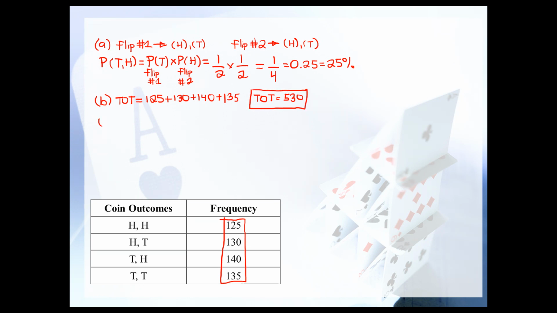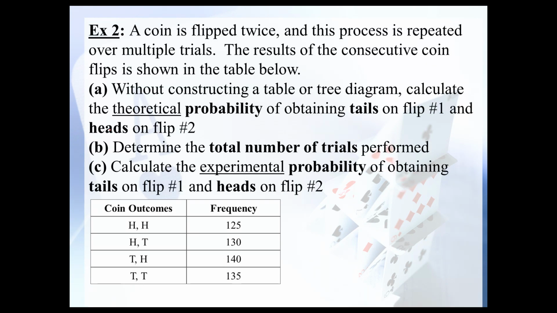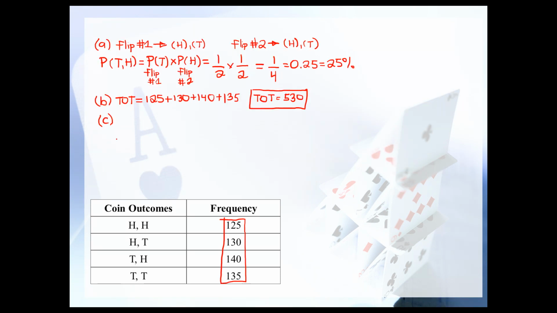Okay, now C wants me to find the experimental probability of getting tails on flip 1 and heads on flip 2. So we're going to write down P, and I'll write down that subscript EXP to indicate I'm calculating experimental probability.